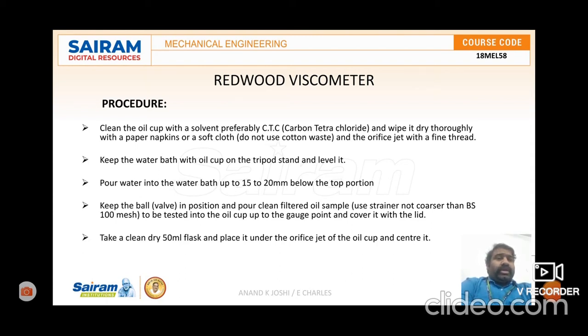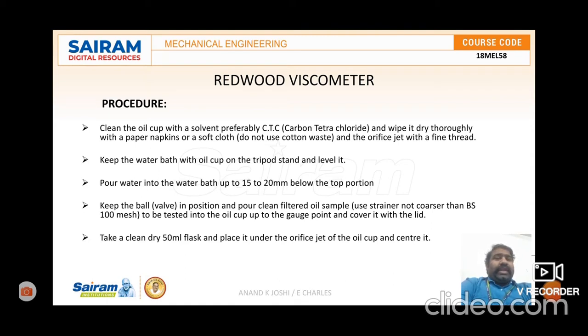Then keep the ball valve in position and pour the clean filtered oil sample using a strainer, which should not be coarser than BS 100 mesh, into the oil cup up to the gauge point and cover it with the lid.